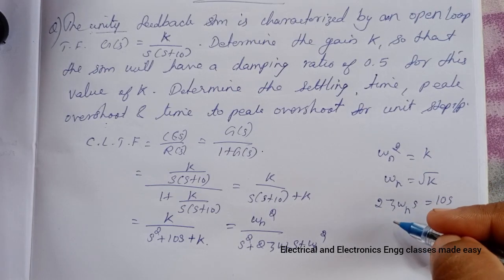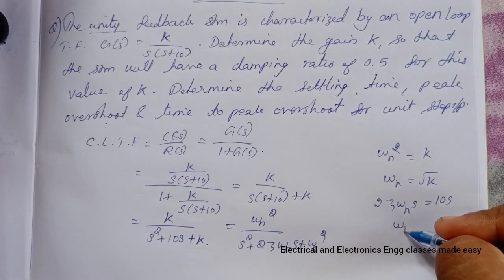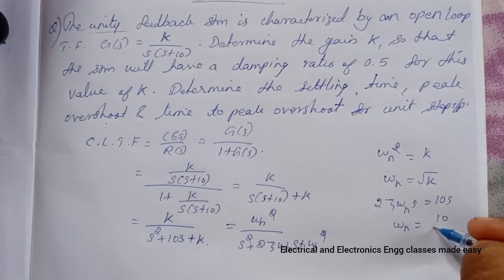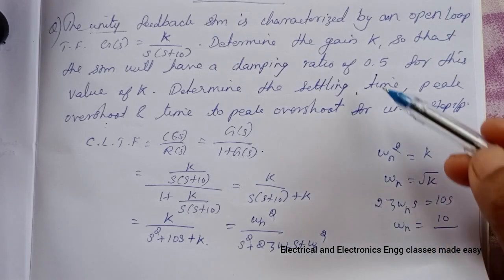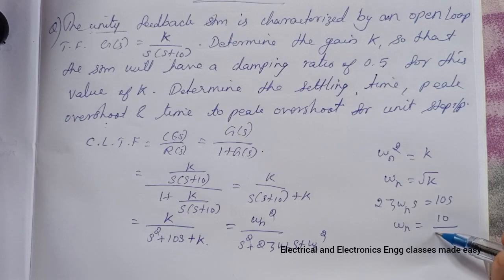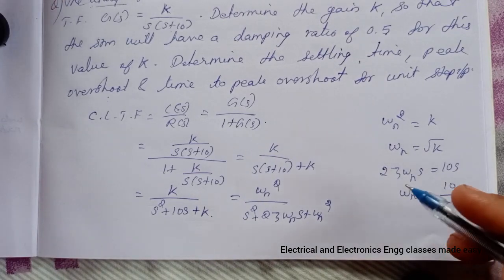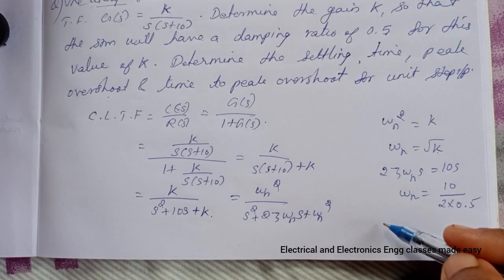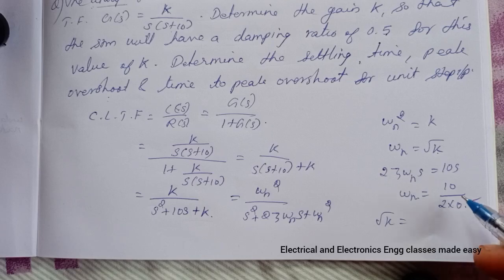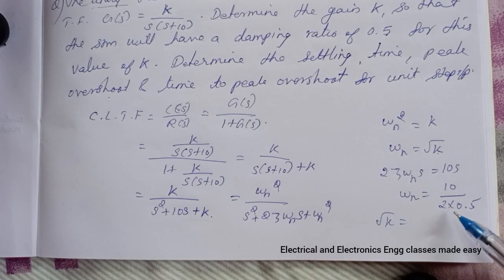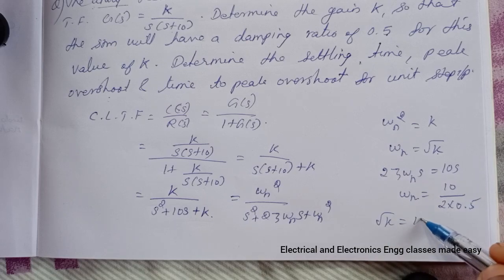So we get omega n is equal to 10 divided by 2 zeta, and zeta is 0.5, that is 2 into 0.5, and omega n is root k, that is square root of k is equal to 10 divided by 2 into 0.5, and that is equal to 10.